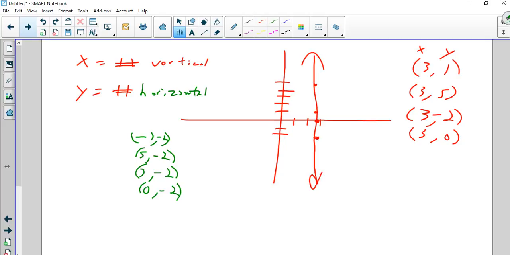Well, let's see. -1, -2. 5, 1, 2, 3, 4, 5, -2. 3, -2. 0, -2. And notice what I have. A horizontal line. Why? Because my x-coordinate is changing. I'm moving left and right, but I'm only going 2 down every time. It never changes.